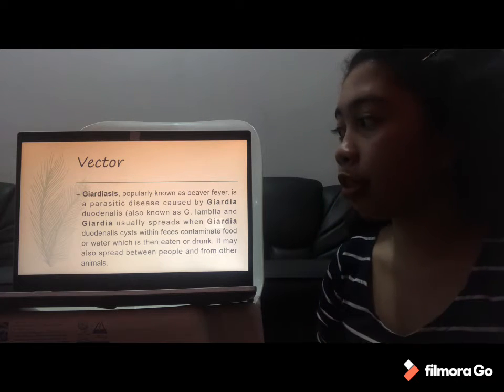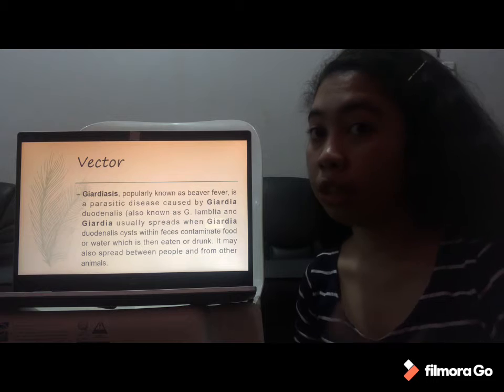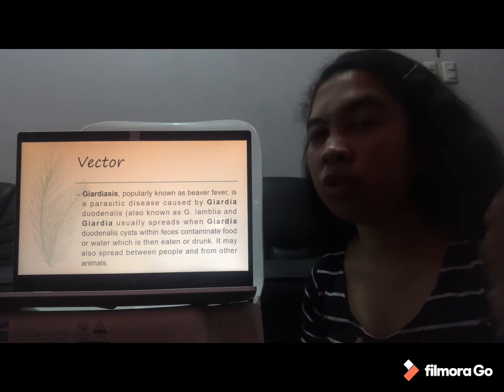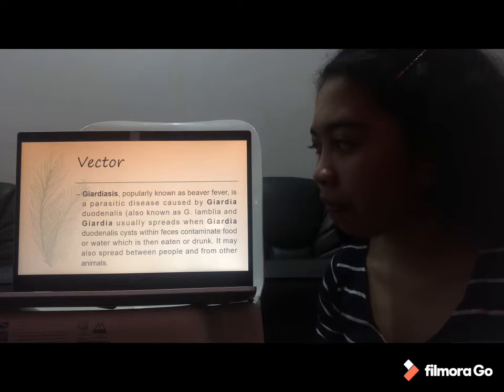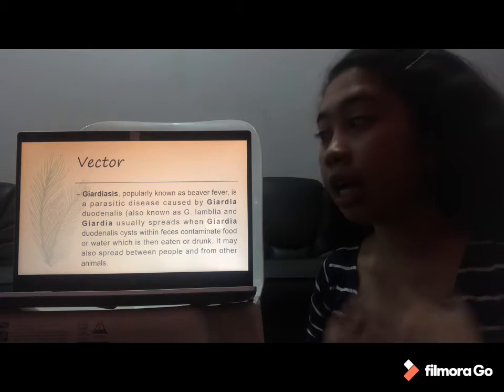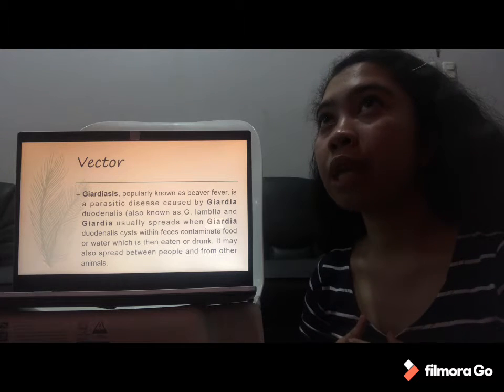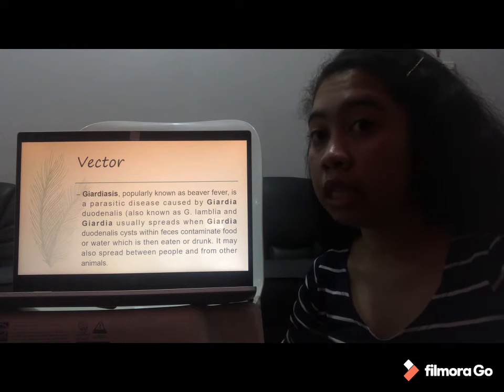So the vector is nag-cause siya, kanang fever, like magkalintura ka, magka-diarrhea, nag-spread na siya og cysts. So ang cysts nakasulod na siya diri.